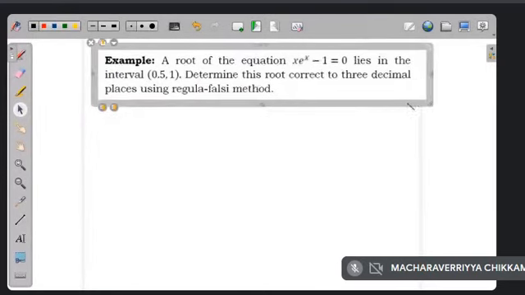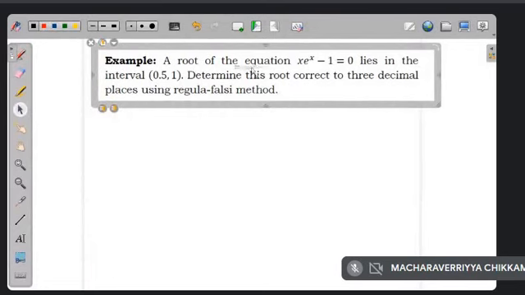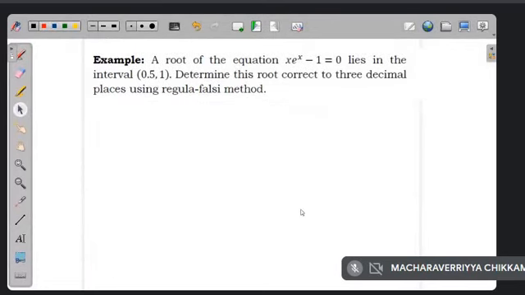Now we can see it on the screen. The root of the equation x into e power x minus 1 equal to 0 lies in the interval. They gave the interval, so there is no necessity to find f of 0, f of 1. Determine this root correct to 3 decimal places using the regula falsi method.